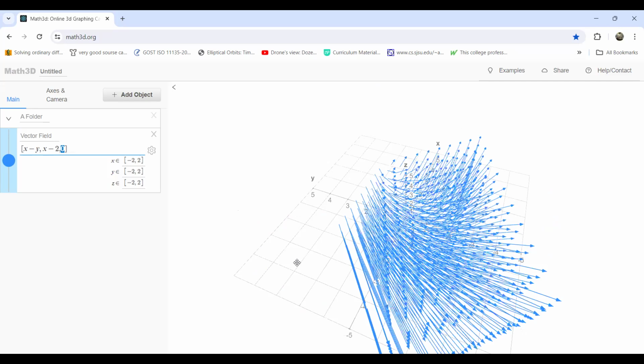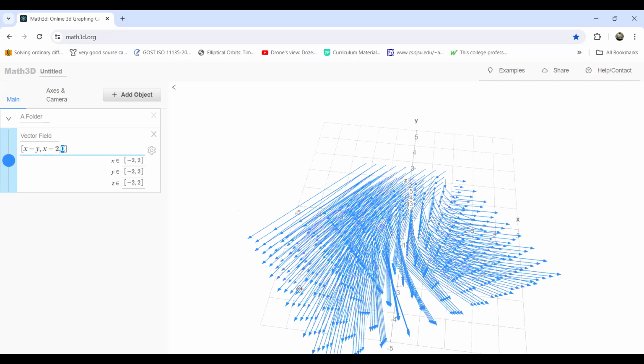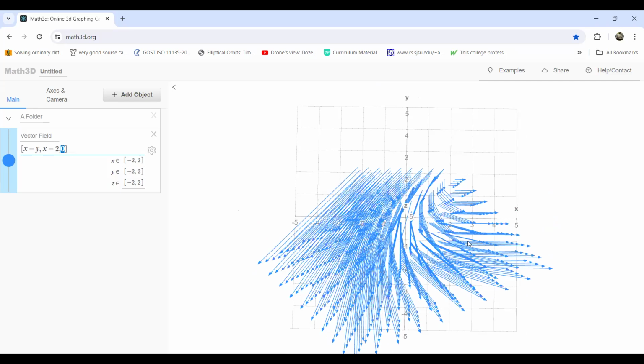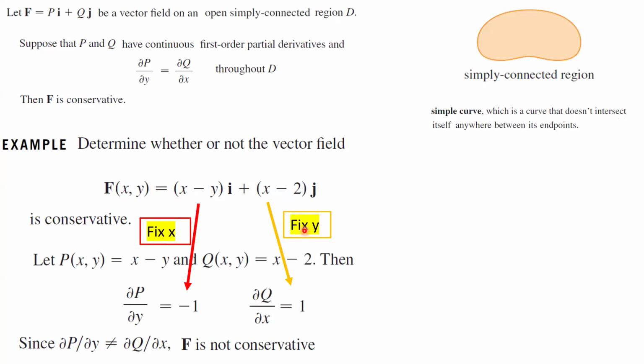You can just visualize this in 2D like this. So basically you have your x-axis, you have your y-axis, and this is the behavior of this vector field. You can take a look at the arrows, and as you can see, the arrows are going all this way. So again, this is an example of a vector field which is not conservative.